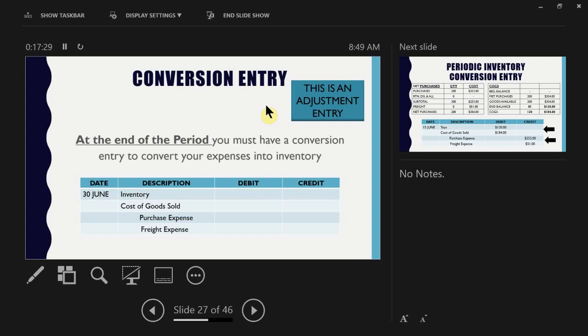Imagine that every time you purchase inventory, you dump it all in the purchase expense bucket. When we sell our items, we physically take that bucket and dump some of it into inventory and some of it into cost of goods sold.